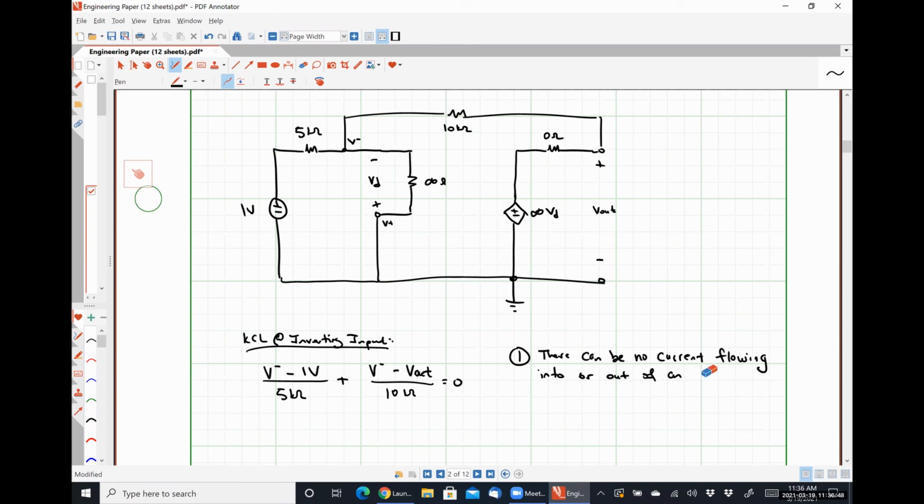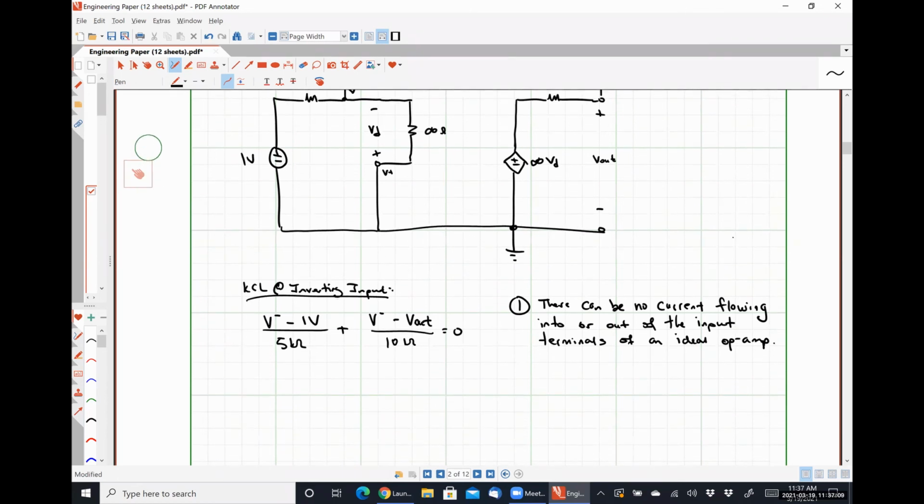Out of the input terminals of an ideal. All right.